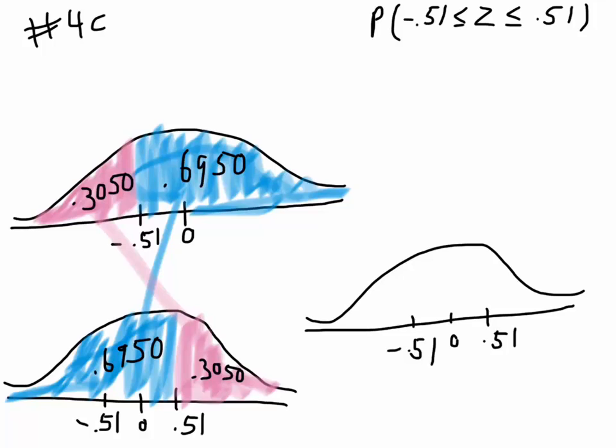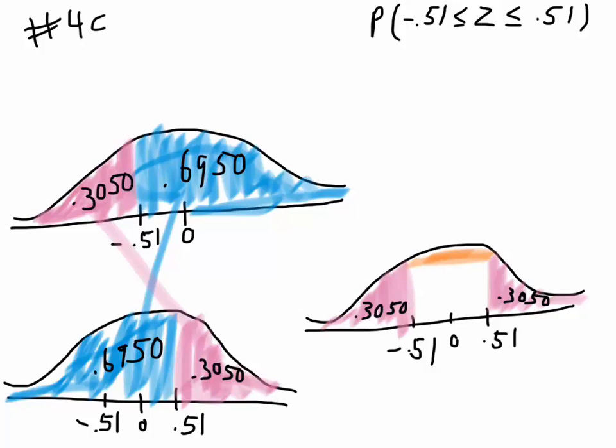So 4C asks you to find the area between negative 0.51 and positive 0.51. Well, we know from the previous example that the area to the left of negative 0.51 is 0.3050, and that's also equal to the area to the right of positive 0.51. So we could get this as 0.3050, and this is 0.3050, and we know that the area under the curve is equal to 1, so we want the complement of that area.